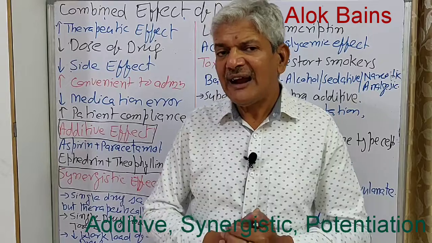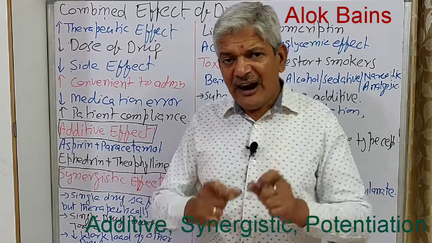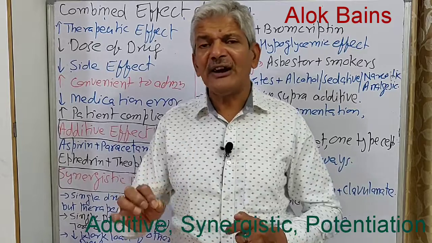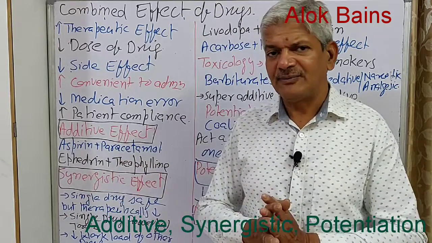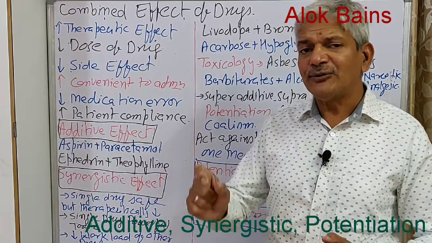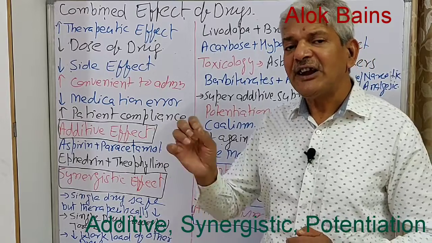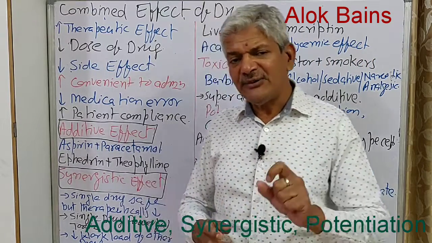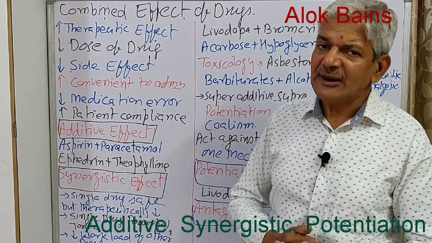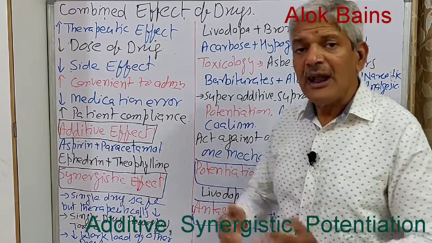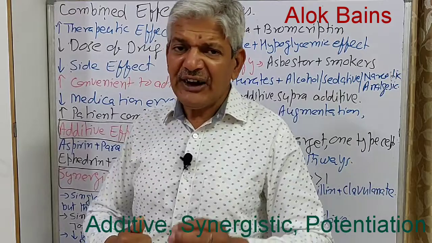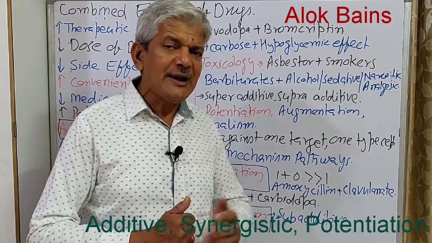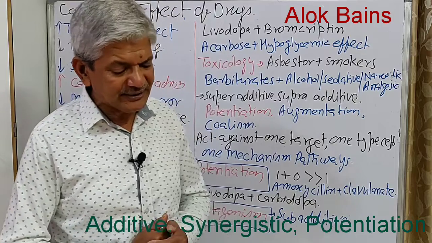I am repeating, additive effect means the combined effect of the drugs is equal to the sum of the individual drugs' effects. Because it is the sum of the individual drug effects, it is also called summation effect. Means additive effect is also known as the summation effect. But usually it rarely happens that when we are applying 2 drugs at a time they produce the additive effect.